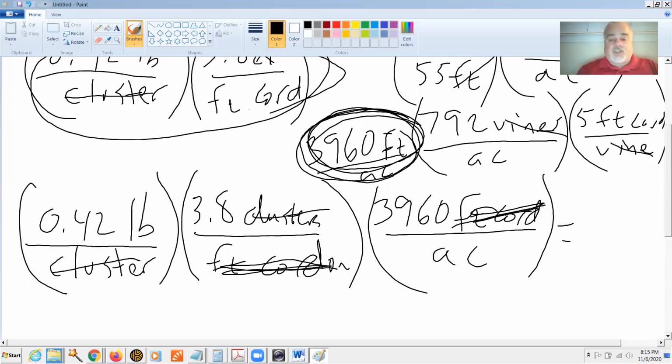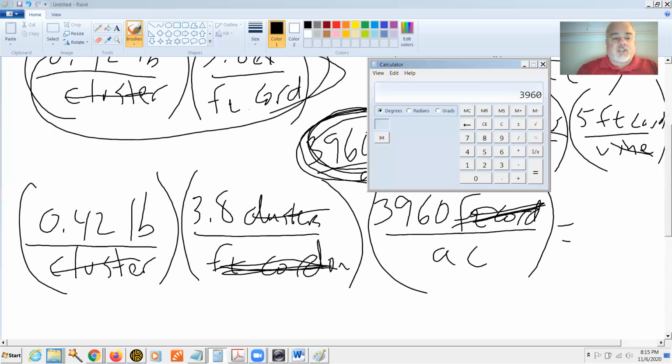In this case, there's nothing in the bottom, but there's three things in the numerator. So 0.42 times 3.8 times 3,960.